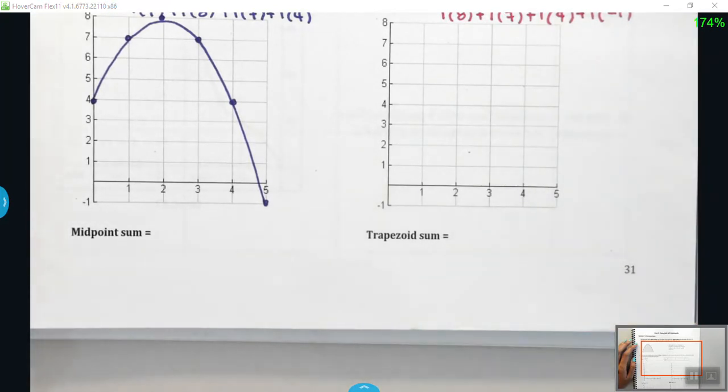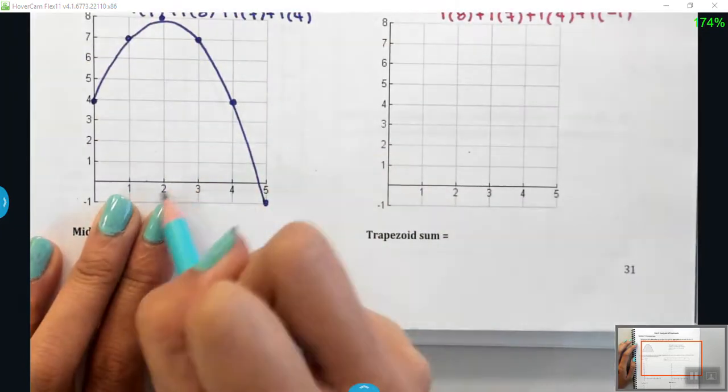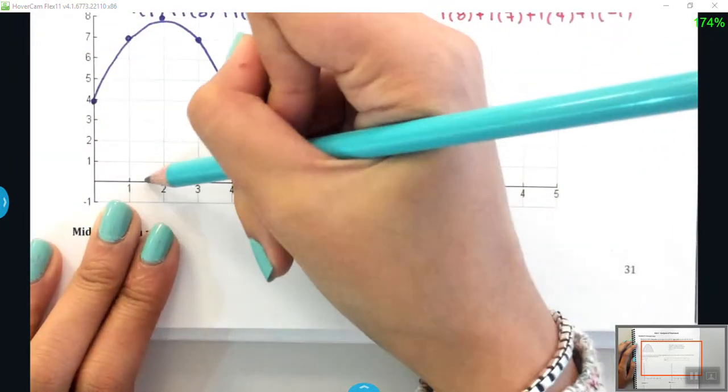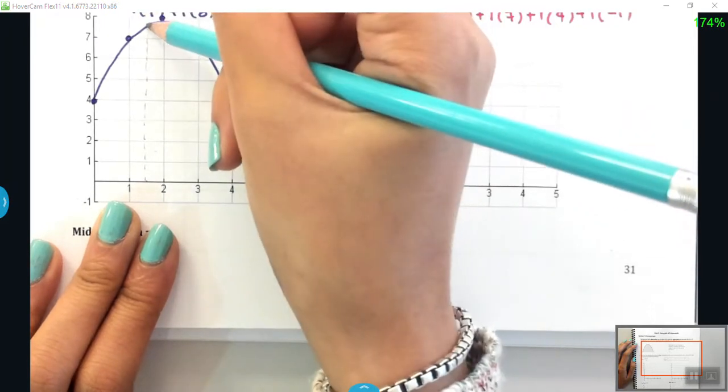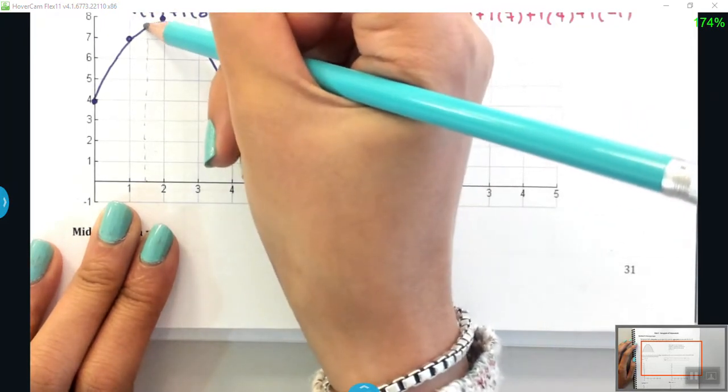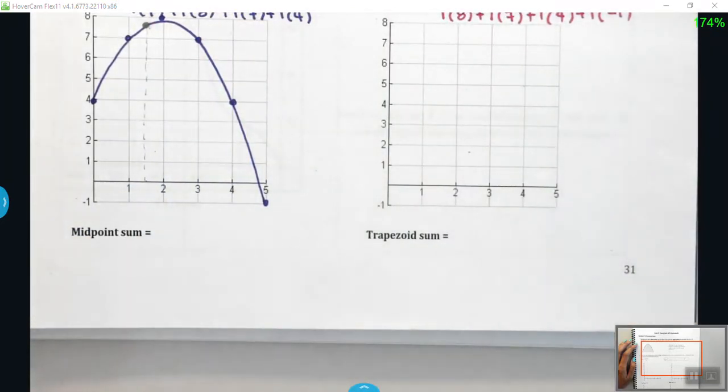So some guy decided, I guess Riemann, he was like, oh, well, there's a better way. The better way is to go halfway in between 1 and 2 and go up to your y value here, right here, and then draw your rectangle out from there.